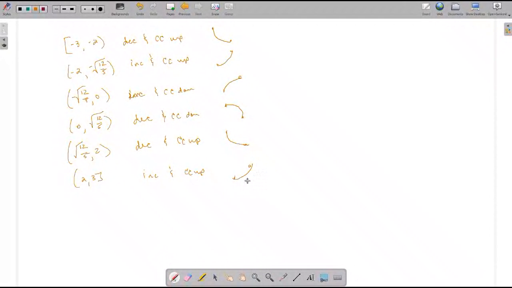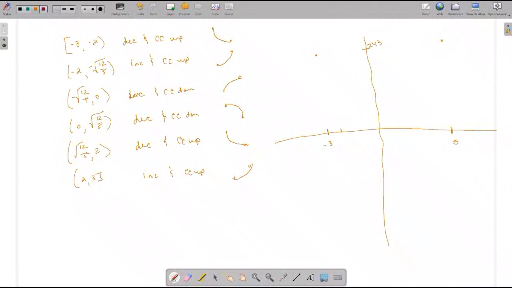And what this means is that my graph, I can get a pretty good gauge of what's going on here. I know that at negative 3, I was way up here at 243. And I know at positive 3, I reached that point again.